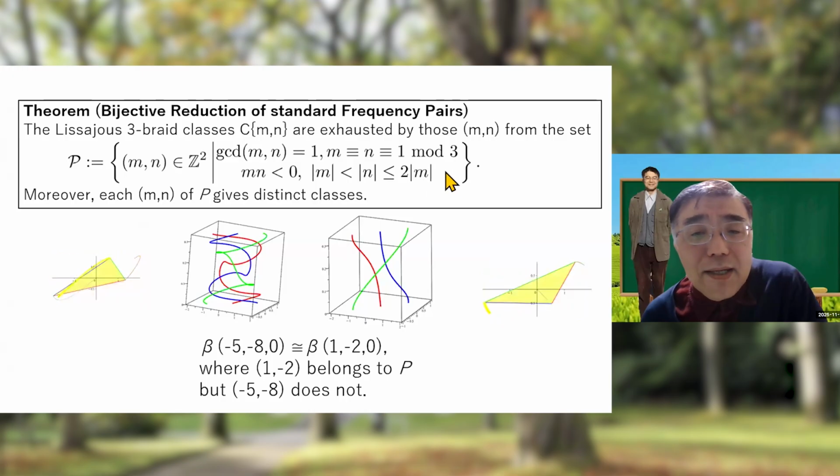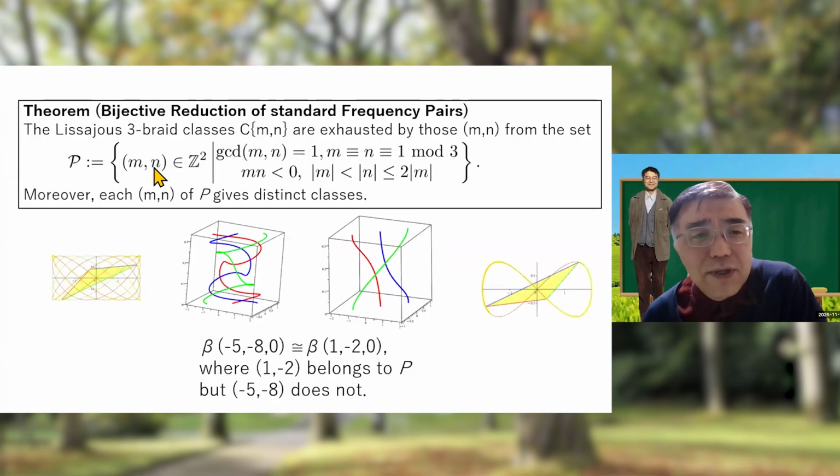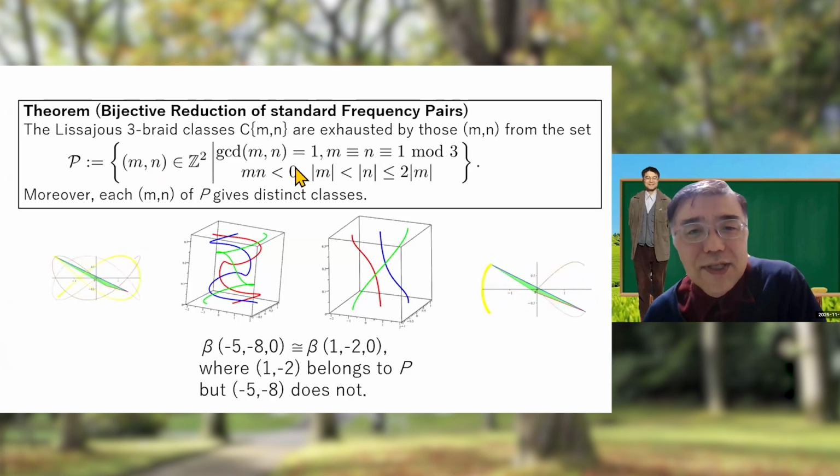If m and n are both odd, it is type 2. If one of them is even, then type 1. So it's almost half and half, type 1 and type 2.